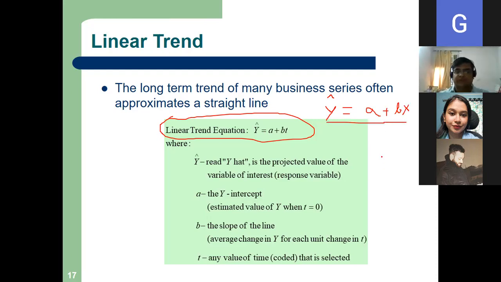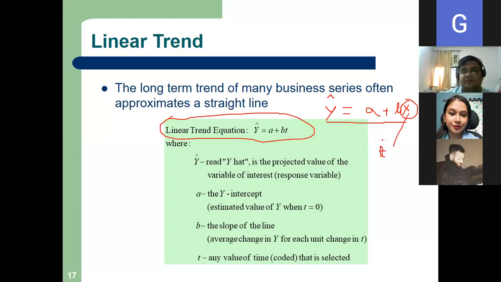Now there is another concept called linear trend. In trend, the long-term trend of many business series often approximates a straight line. So if it is a straight line, we replace this x by t, time.